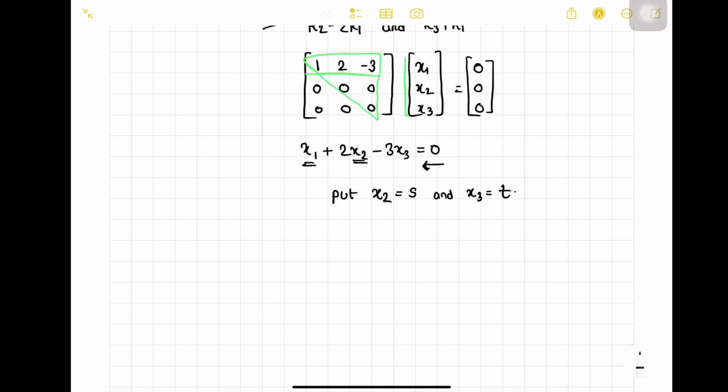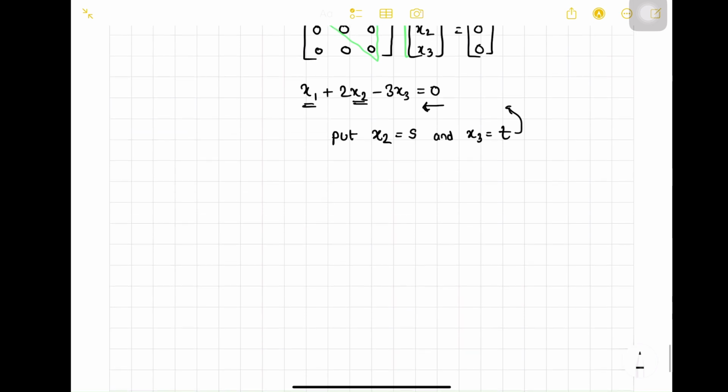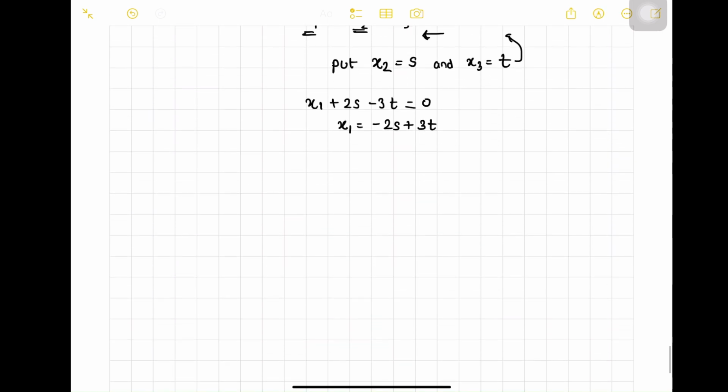If we put s and t in this equation and simplify, we get x1 plus 2s minus 3t is equal to 0. From this we get x1 as minus 2s plus 3t. So our eigenvector will be minus 2s plus 3t, and x2 is s, so we'll write this as s plus 0t, and our x3 is t, so we'll write 0s plus t.